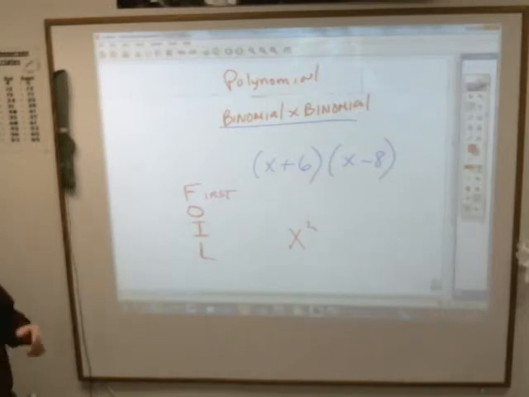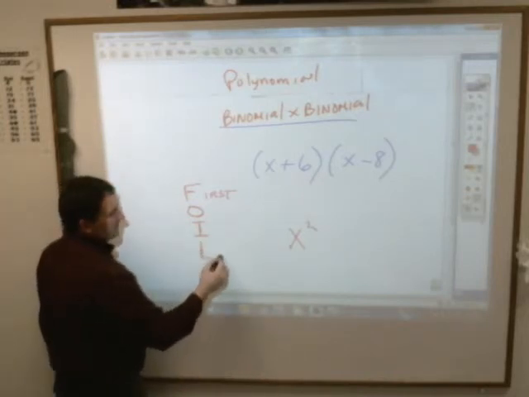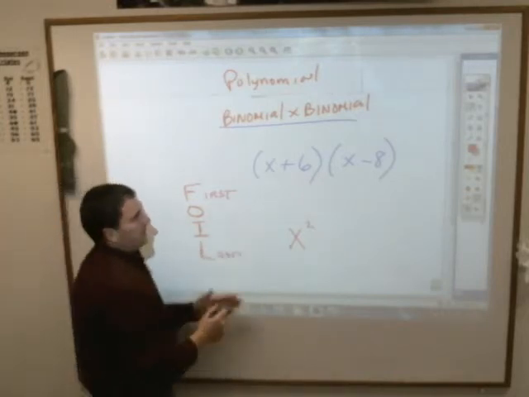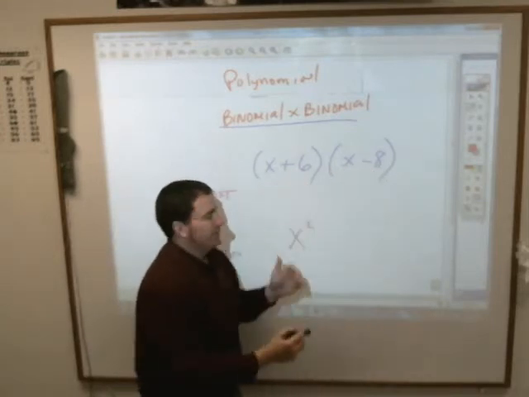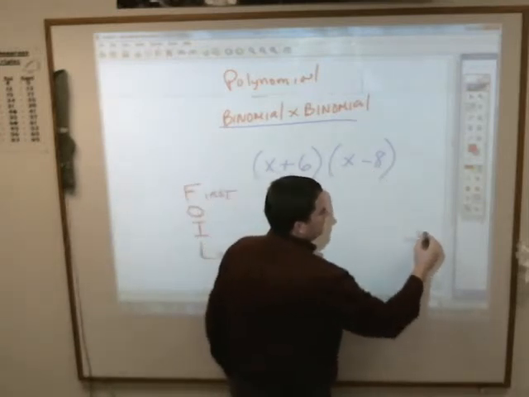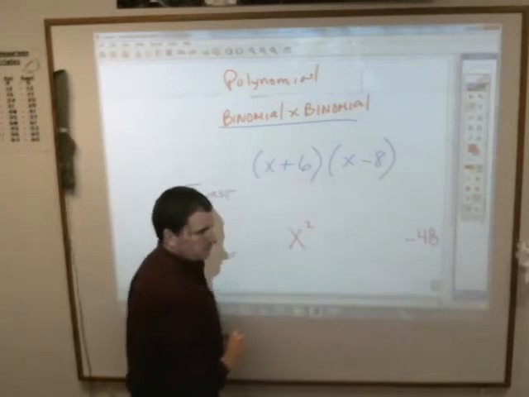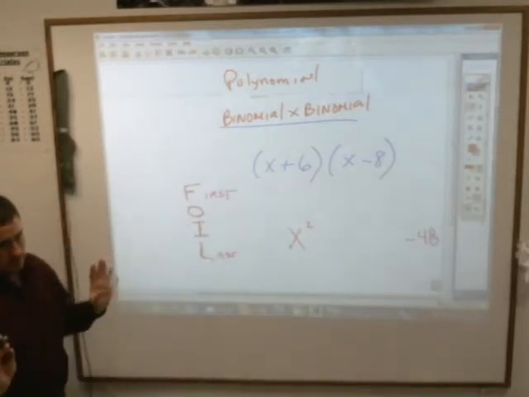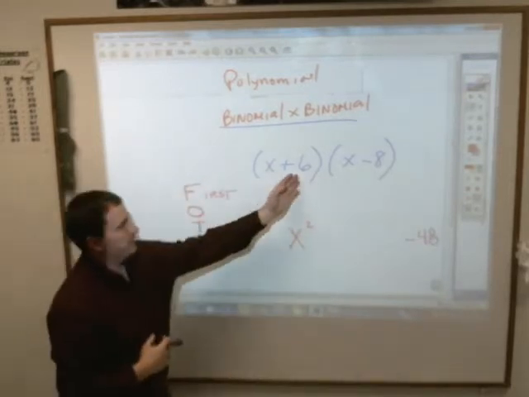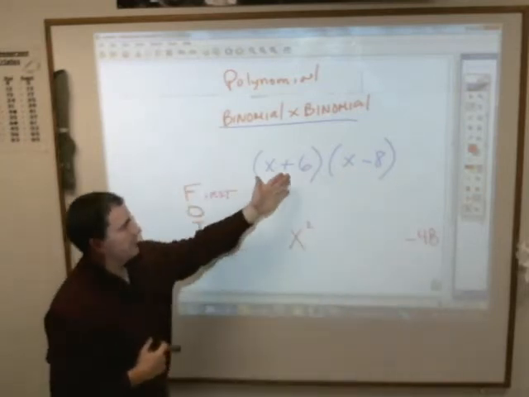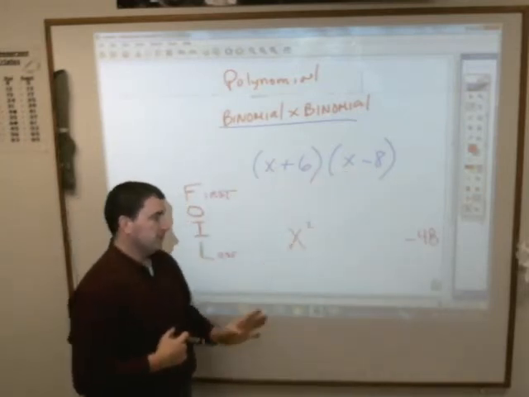In the same way, the two last terms multiplied, the 6 times the negative 8, is going to be my last term in my answer. Always. Whatever the two last terms multiplied together give is the last term, and whatever the two first terms multiplied give will be the first term.